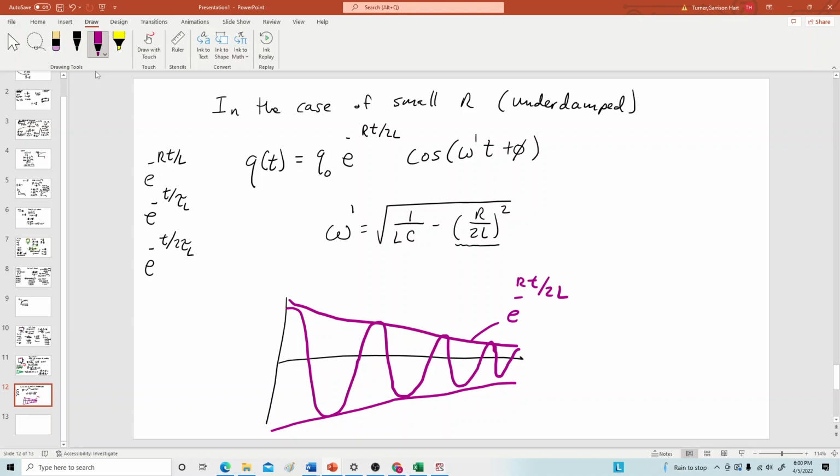The way that the oscillations decay is dependent on this exponential term, and then the actual oscillatory nature is due to the cosine term. So that is the oscillatory system for the RLC circuit in the underdamped case.